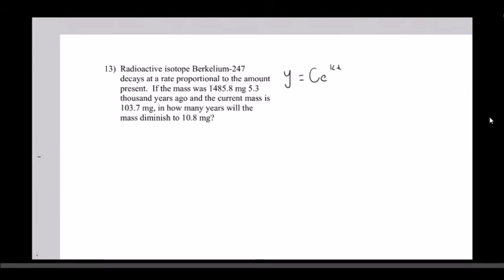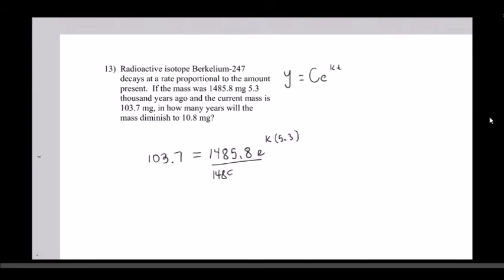The initial amount was 1,485.8, and then after 5.3 thousand years, that diminished to 103.7. Now if we solve this for k, that'll give us a relative growth rate.